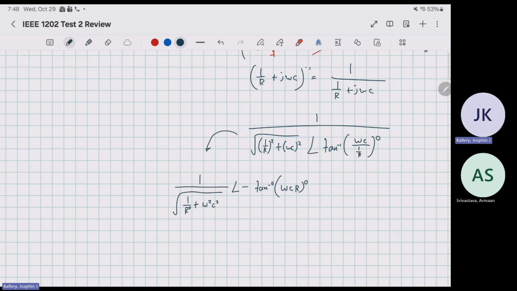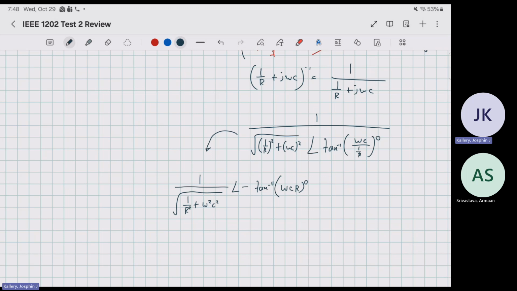And the final expression, let me plug it in the calculator. So 1 over square root of 1 over R squared, so R is RF for us, which is 20,000. 20,000 squared plus, what is our angular frequency?